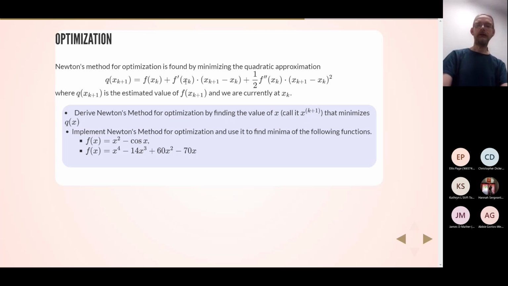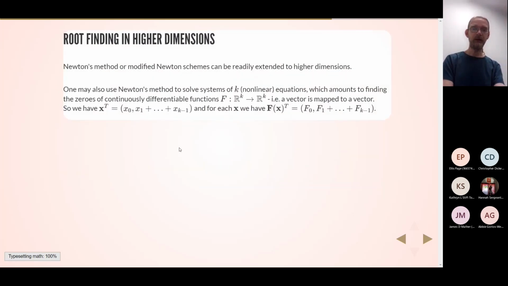So have a look, there'll be plenty of examples online. It's the same thing: set things equal to 0, rearrange for the k+1 term, and it will pop out. See if you can find the solutions, the minima of those functions. Again, have a think about how many minima you might expect for the different polynomials.